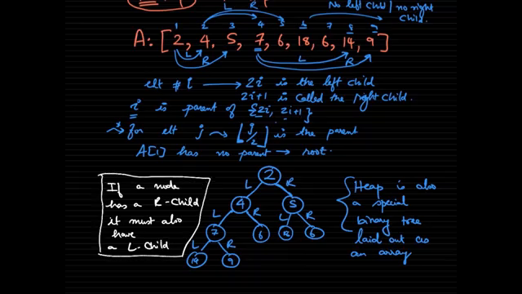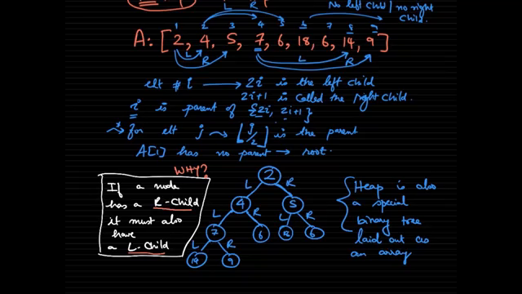So if a node has a right child, it must also have a left child. Why? Can you think about it in terms of an array and convince me why this is true? If a node has a right child, then it must also have a left child. Can you think about it?